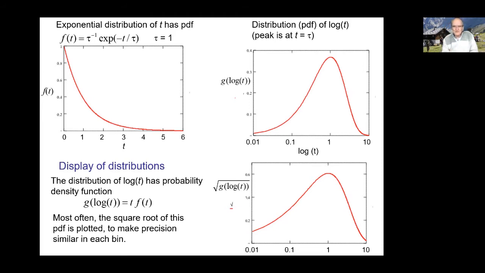So this is what you see in experimental papers these days. But if you see that, remember that the actual shape is that exponential shape. Well, usually the square root of the probability density function is plotted because this makes the precision similar in different bins, but the shape is qualitatively very similar.